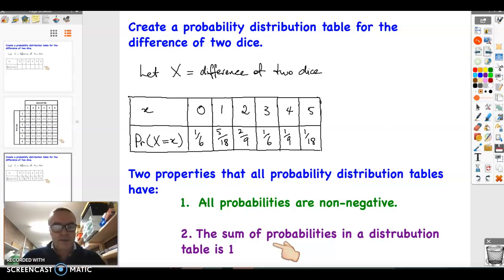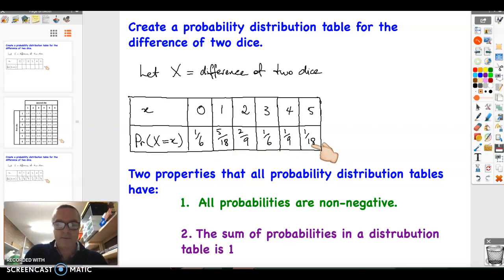There are 2 properties that all probability distributions have. Their probabilities are always non-negative. That's just a general condition of any probability actually. So all of these values that occur in the row down below have to be non-negative. They could be 0.